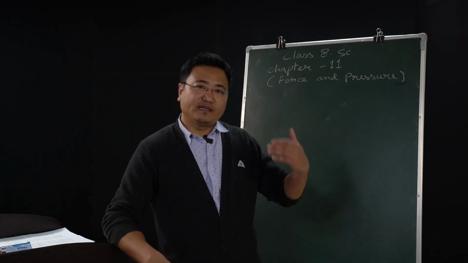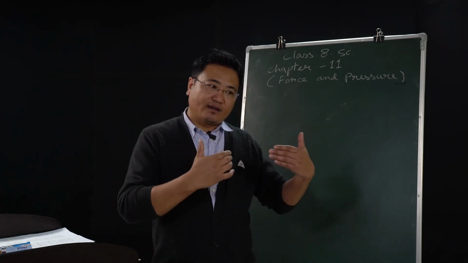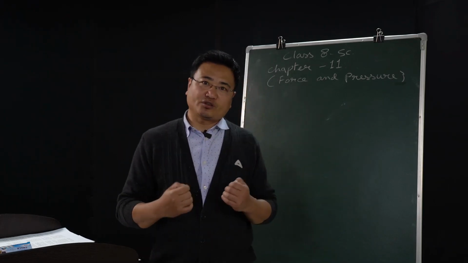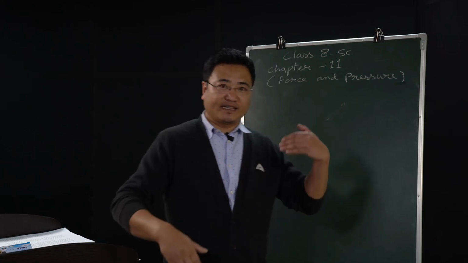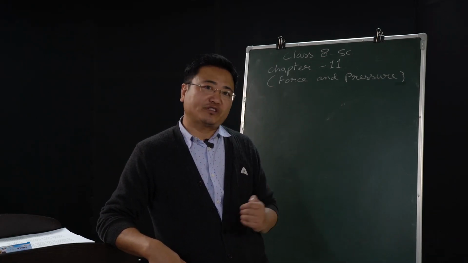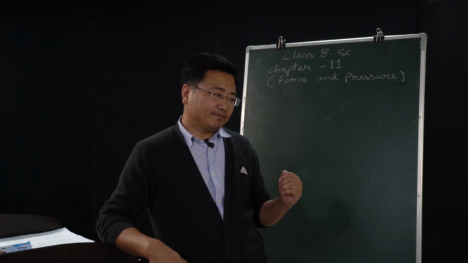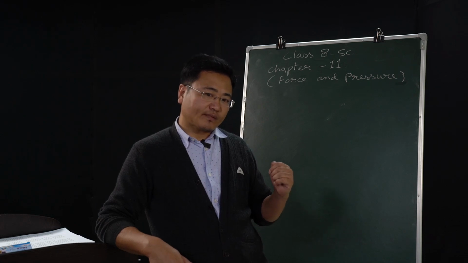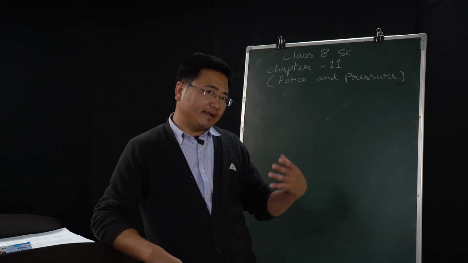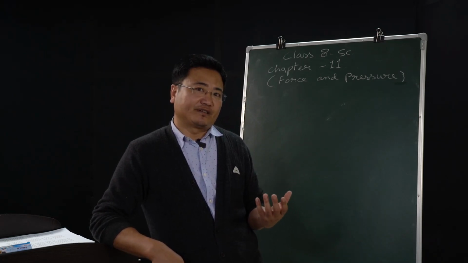And then when we lift that book, we are using our muscles to lift that book. So we describe that type of force as muscular force. And then we also learned about another type of force called friction, right?